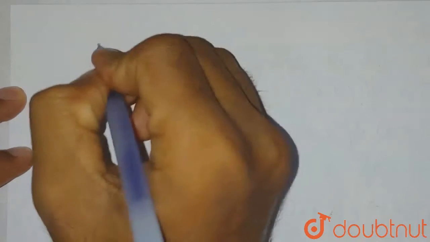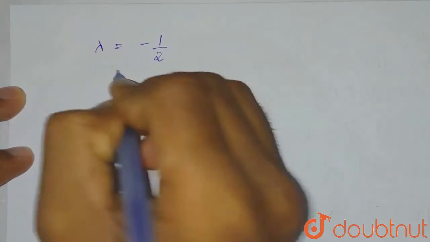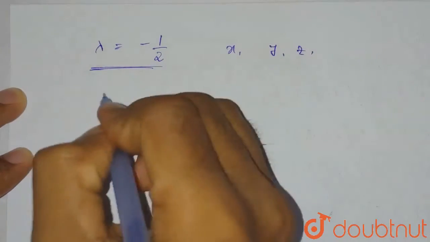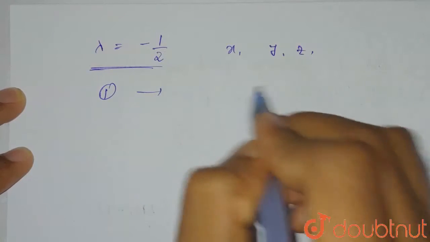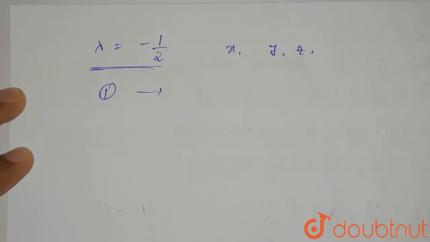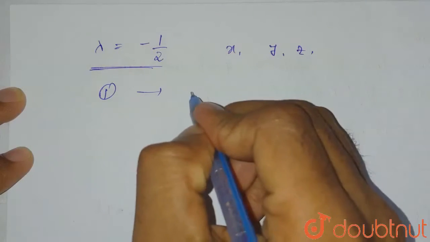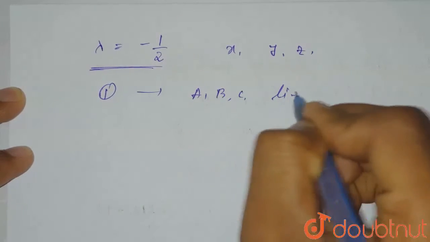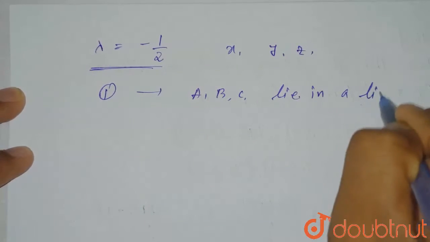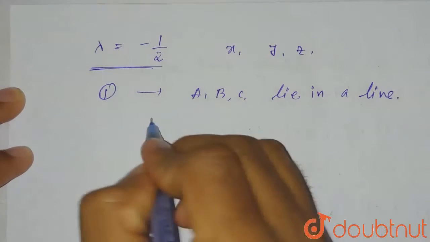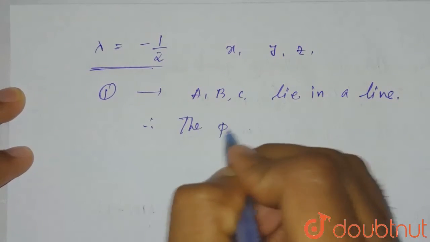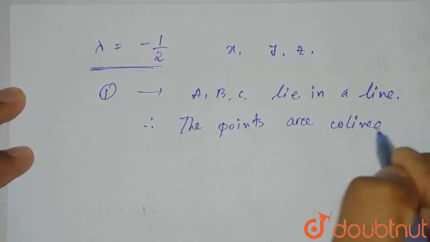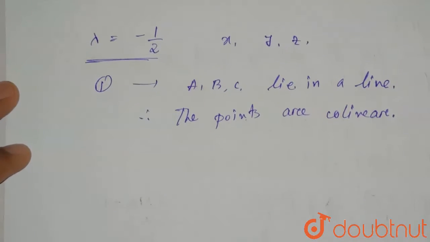We have seen that lambda is minus 1 by 2 for the x, y, and z coordinates. So the three points A, B, and C given here lie in a line, therefore the points are collinear.